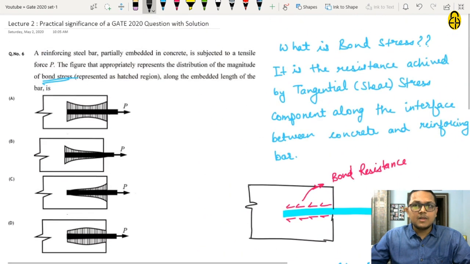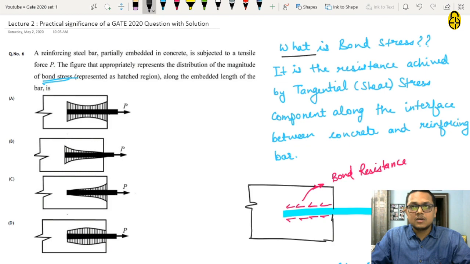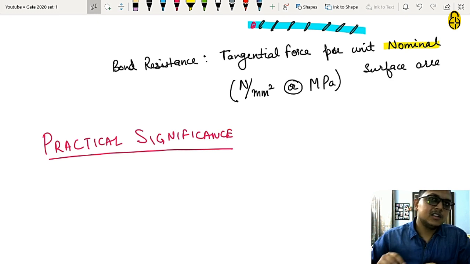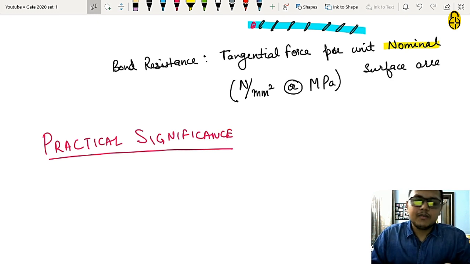Now, this is the basic: what is bond stress? Now, coming to the practical significance of bond stress, without bond resistance, the basic assumption that we take in the analysis of both limit state method and working stress method, that the plane section remains plane after bending, wouldn't have been valid.